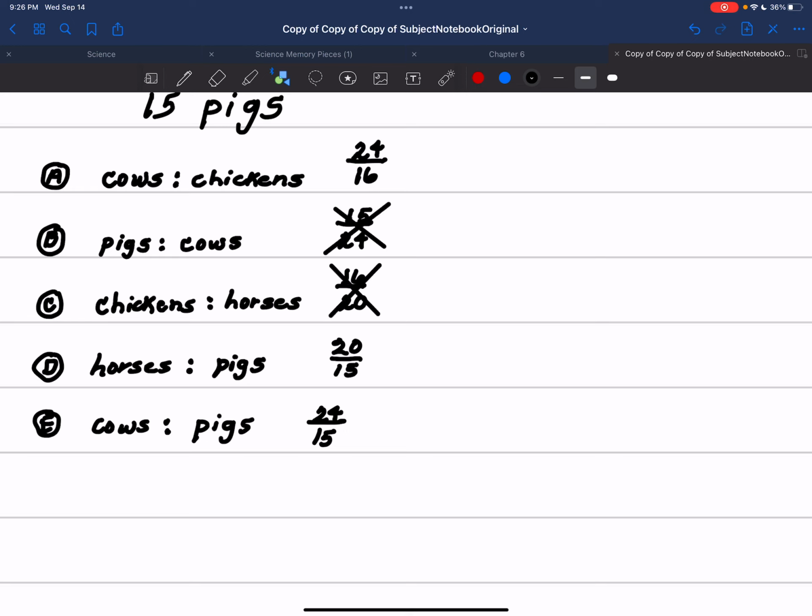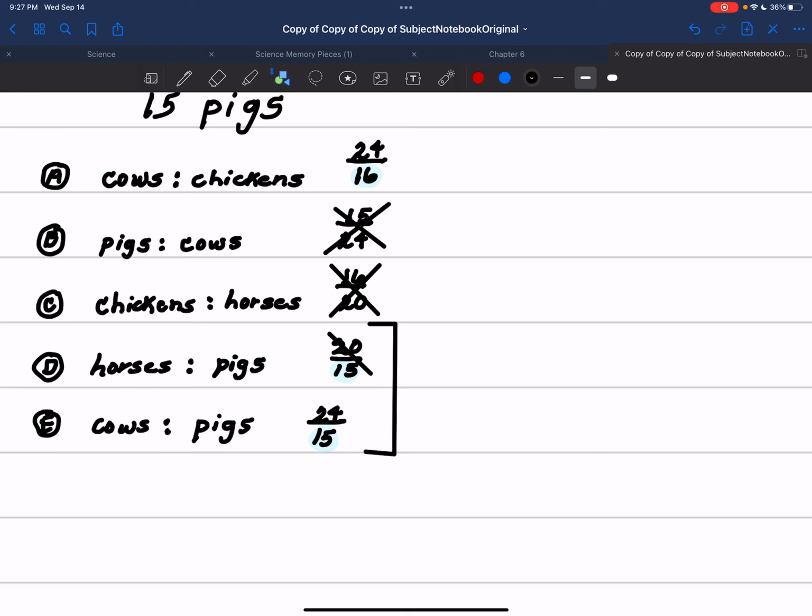A, D, and E are top-heavy fractions. They're improper. The numerator, the top number, is bigger than the bottom number. Now, if they all had a 15 on the bottom, we could compare them that way, but they don't. We have a 16, a 15, and a 15. So I could compare these two. Let me go ahead and do that. Because they both have a 15, and the 24 would be bigger than the 20.